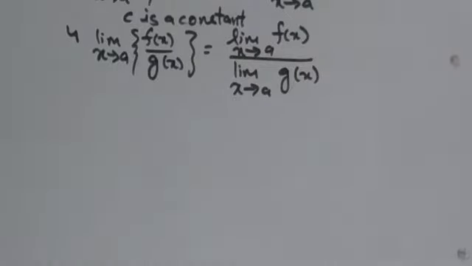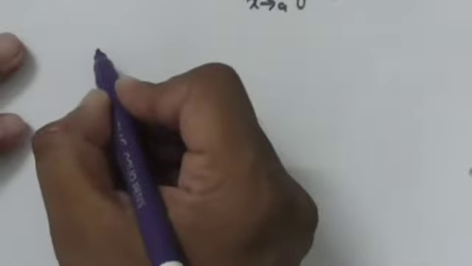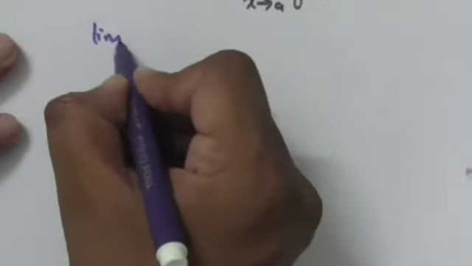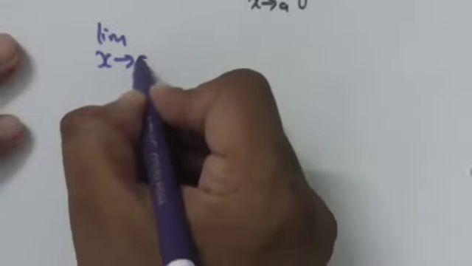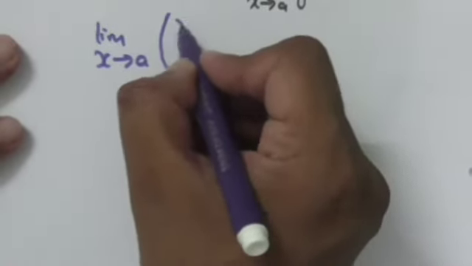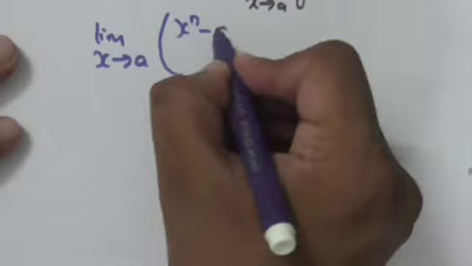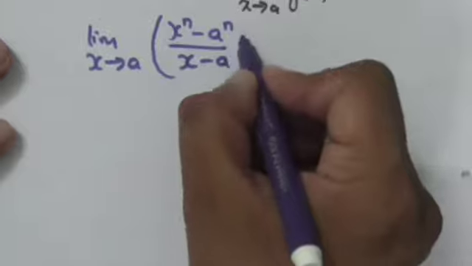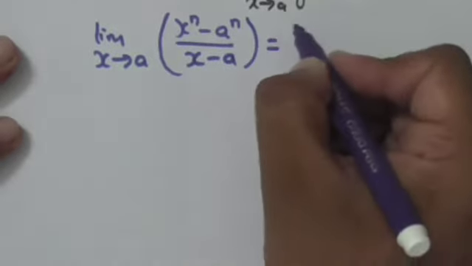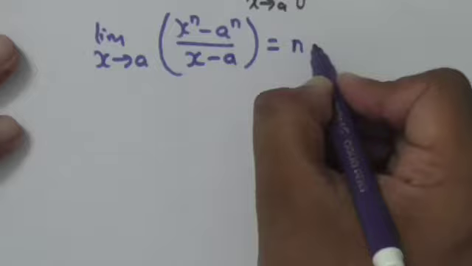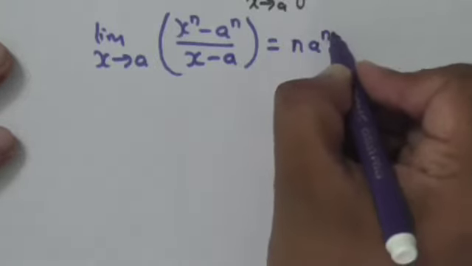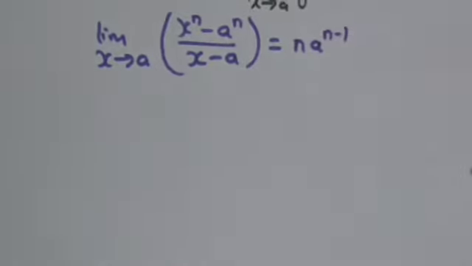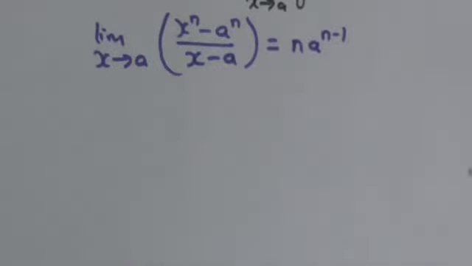That theorem is limit x tends to a, x raised to power n minus a raised to power n upon x minus a, it is equal to n into a raised to power n minus 1. Now let us see how this theorem is used to solve the problems.